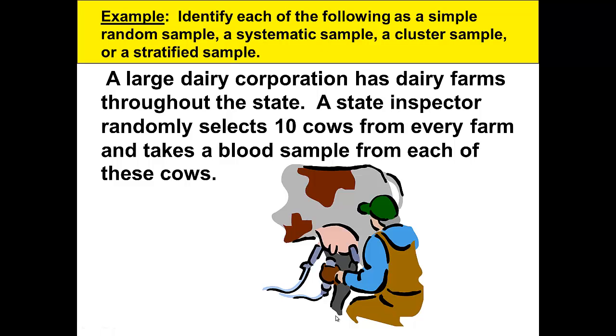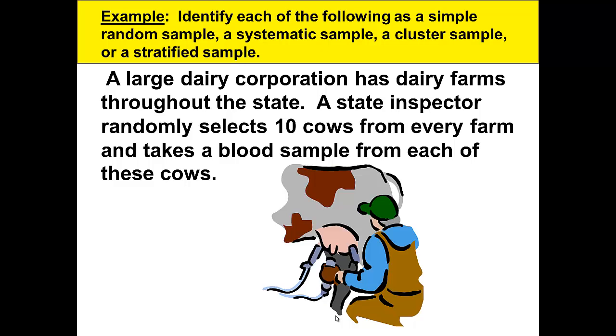A large dairy corporation has dairy farms throughout the state. A state inspector randomly selects 10 cows from every farm and takes a blood sample from each of these cows. Notice the cows are the population, but we aren't randomly selecting from every cow.